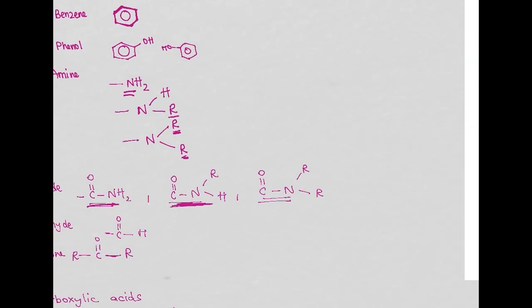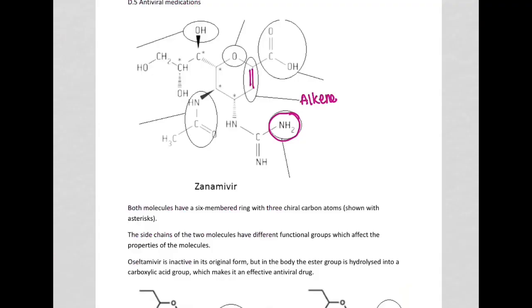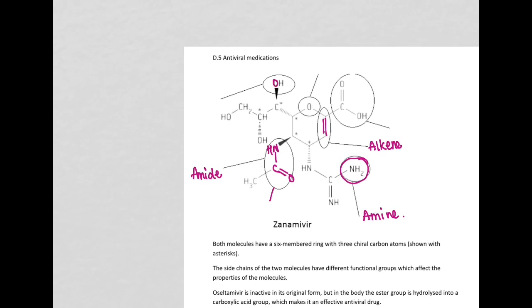NH2, you identify it as amine. You have CO and H. When you have CO and H, it's not amine, it's amide. So amide is here. We have an OH here. OH, this is alcohol.